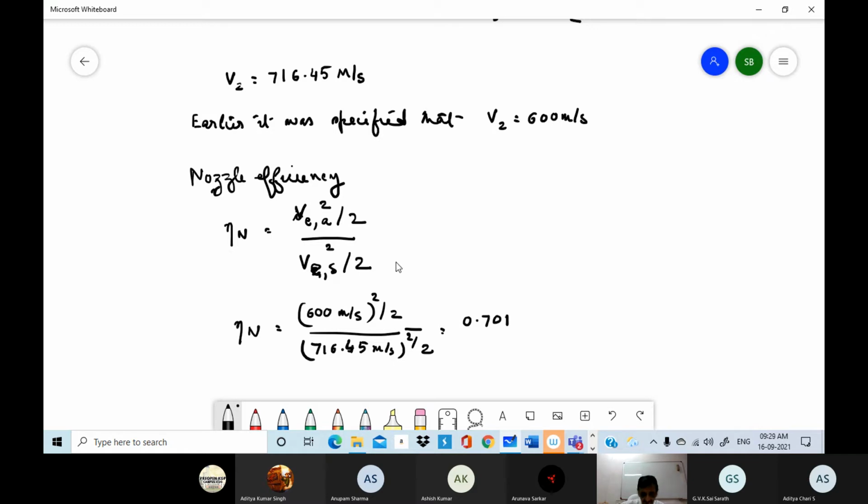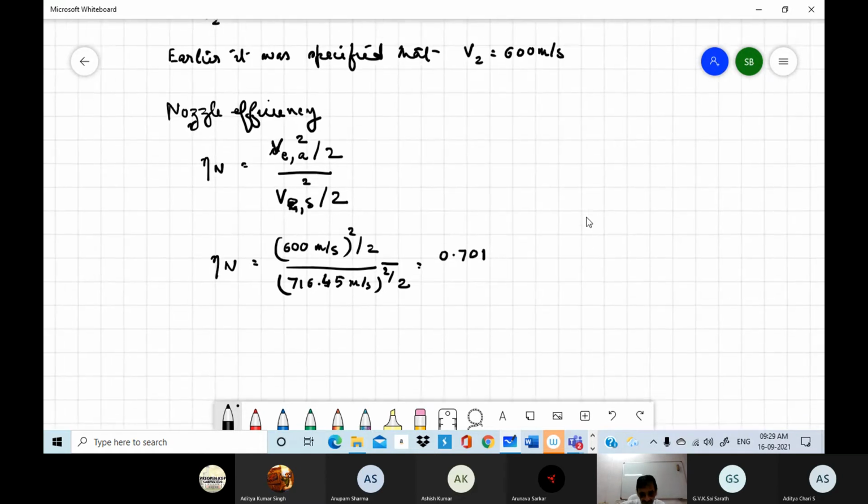So then, if you remember, when we derived the second law for a control volume, initially we had kept a term which is the entropy generation.